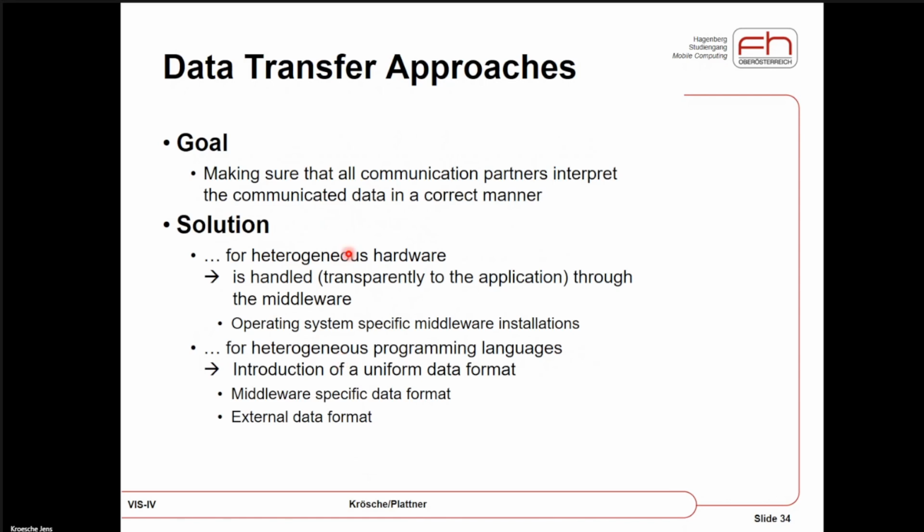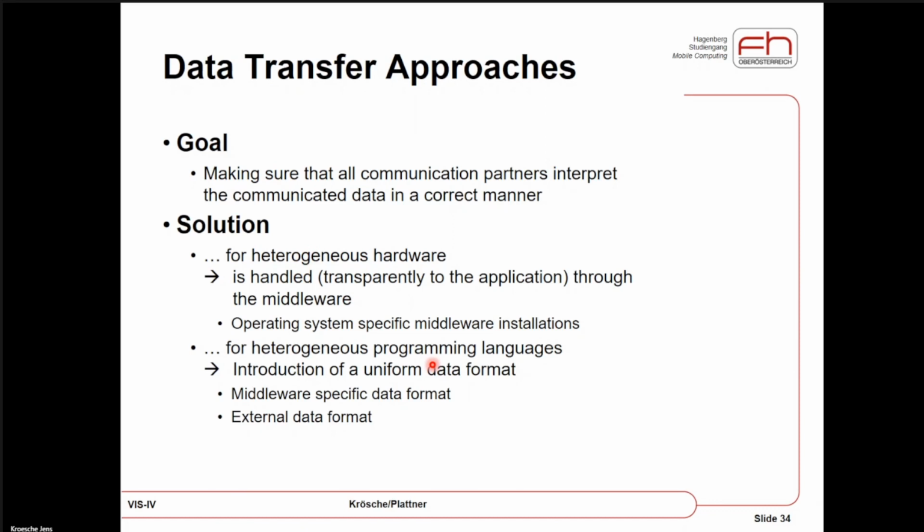And of course, you need to make sure that if the Mac Swift client calls a method, then the C++ server in the background realizes, oh, this is what the system wants. And this needs to be solved for heterogeneous hardware and heterogeneous programming languages alike.